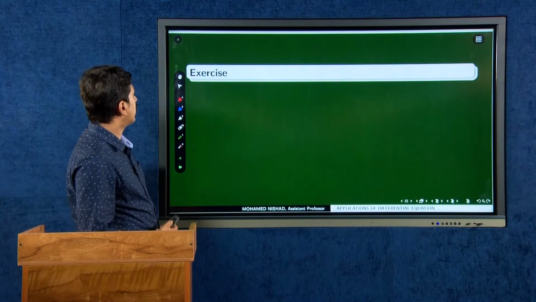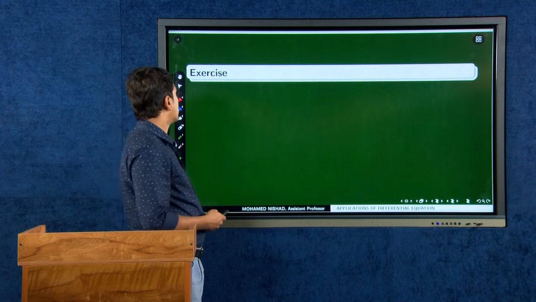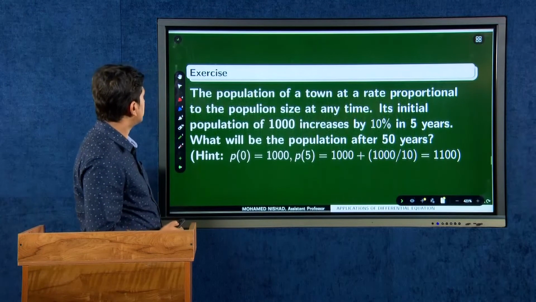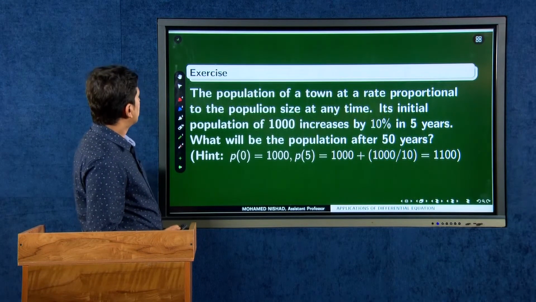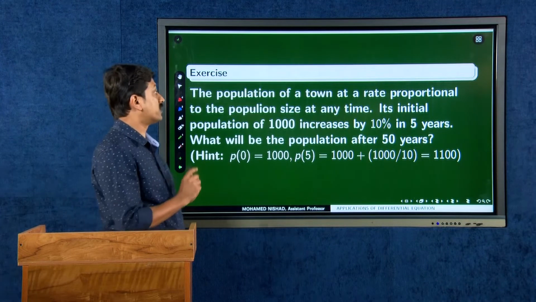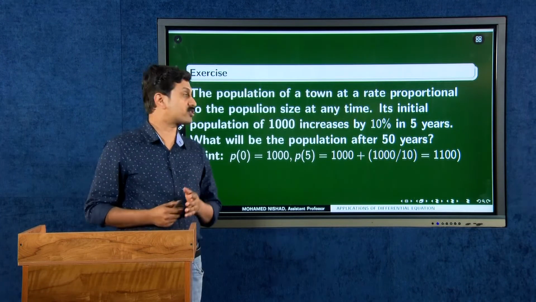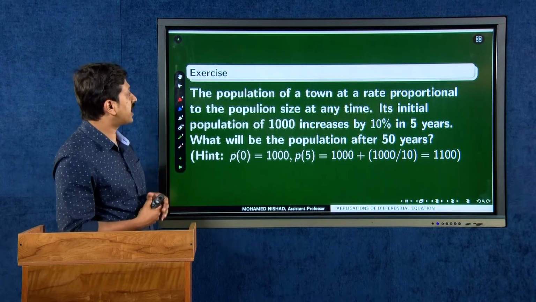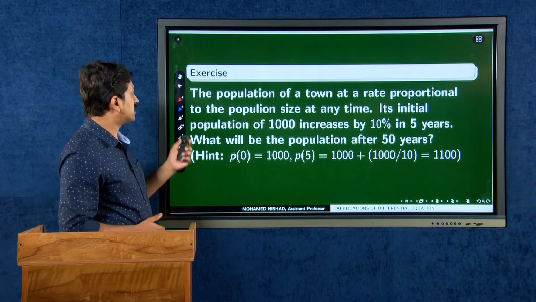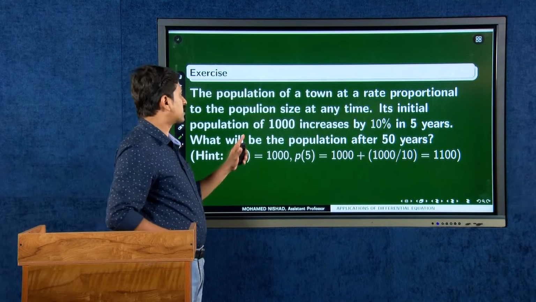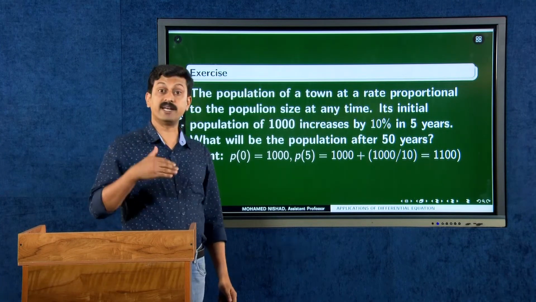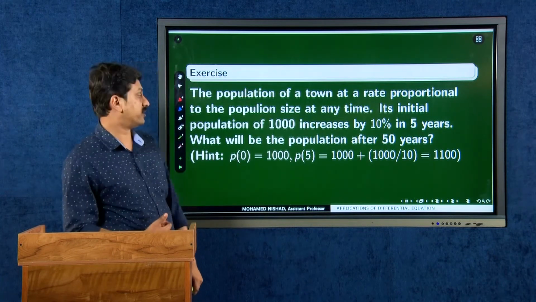Now, I am providing one question as your exercise. See, in this exercise we discuss the population of a town growing at a rate proportional to the population size at any time. The initial population of 1000 increases by 10% in every 5 years.